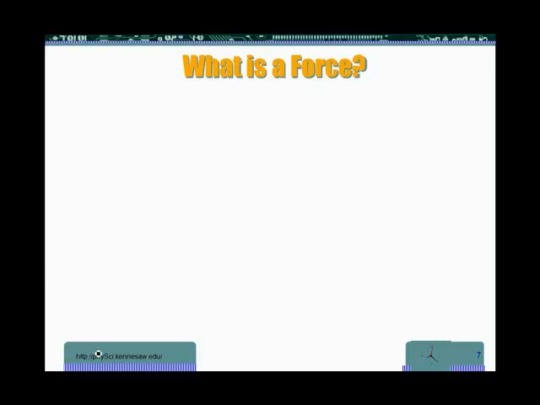The thing is, a force is not a physical quantity that we can describe very easily. A force is a construct that we have used in physics to explain the effects of forces.